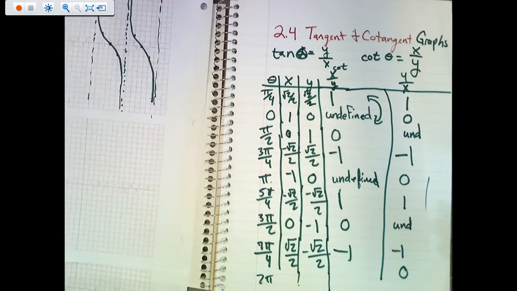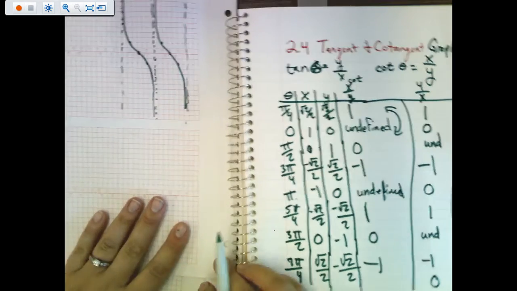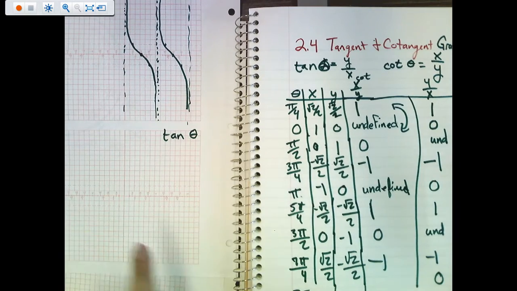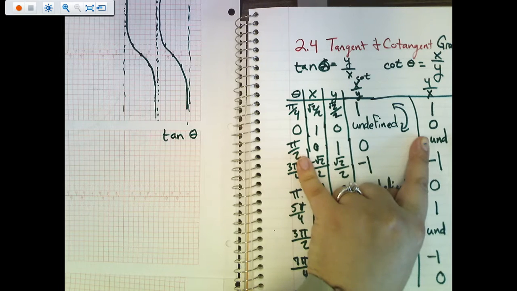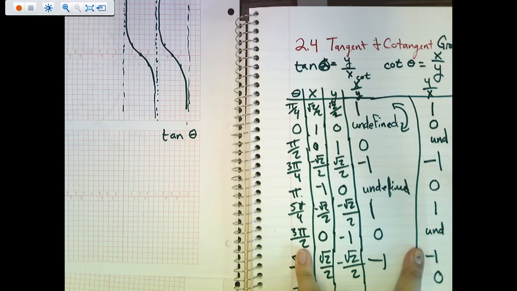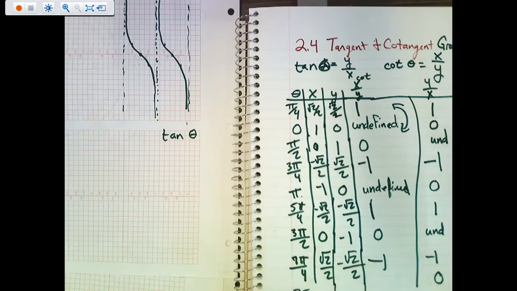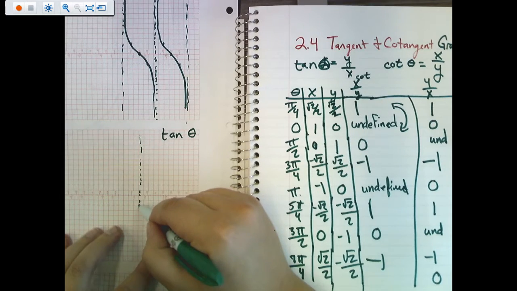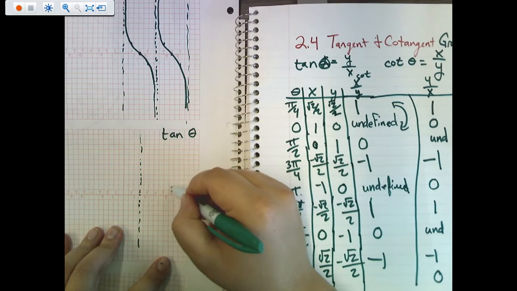So when I go to graph tangent of the angle, I have my vertical asymptotes at pi over 2 and at 3 pi over 2. So I get this line at pi over 2 and 3 pi over 2.